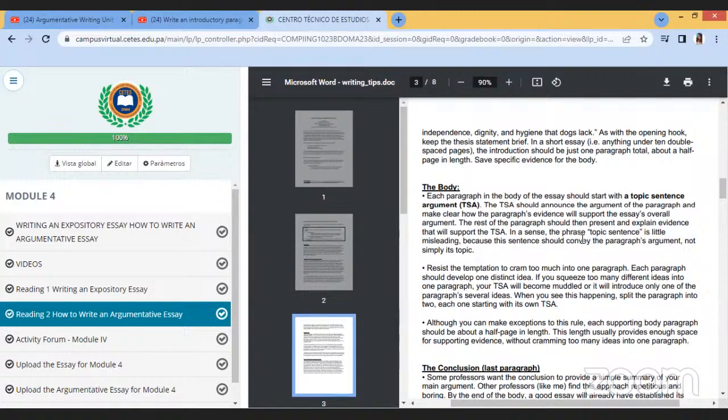So in this case, the body of an argument essay serves to elaborate on and present evidence for the key assertions put forth as the writer's central position in the opening paragraph. Each body paragraph covers a distinct supporting point that builds a logical case.